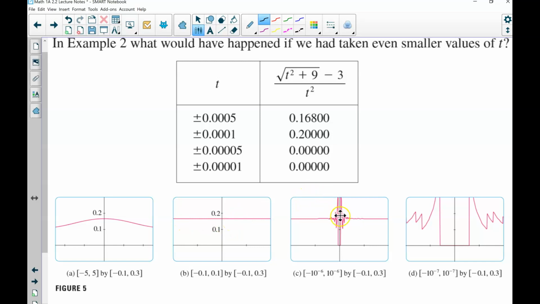But if we zoom in too much, meaning if we look at graphs C and D, then we get inaccurate graphs, again because of problems with subtraction.